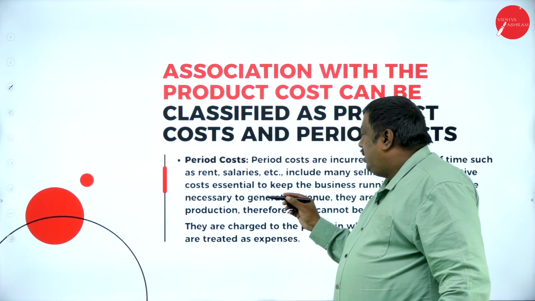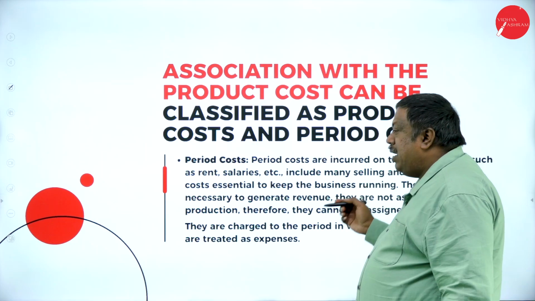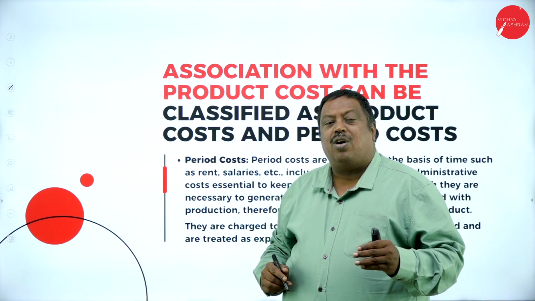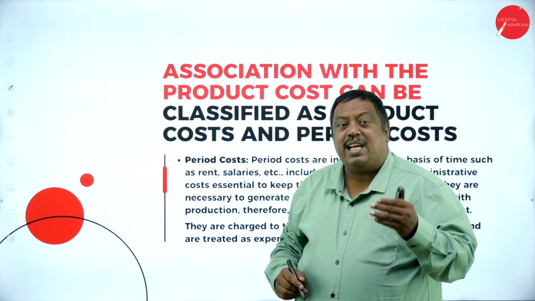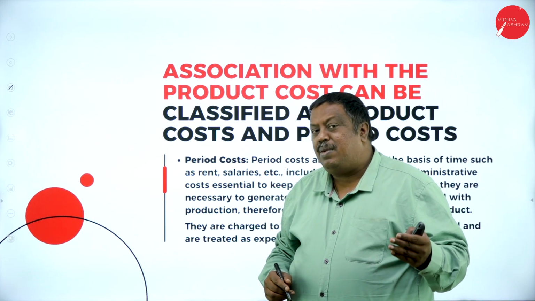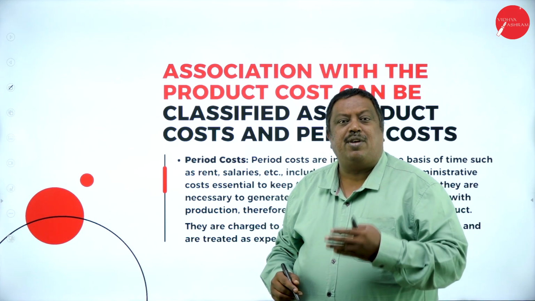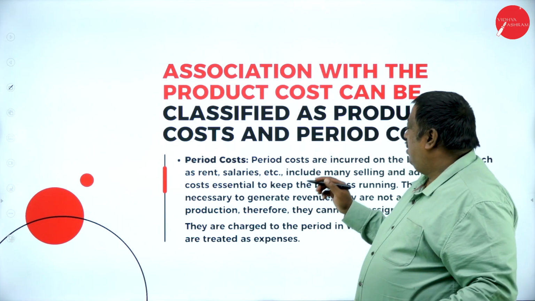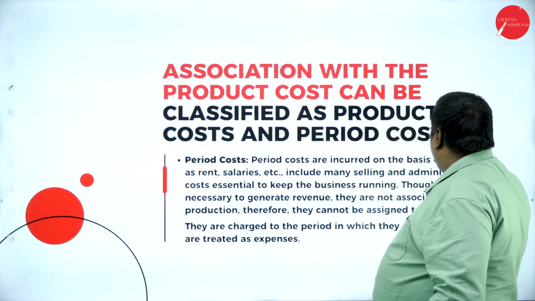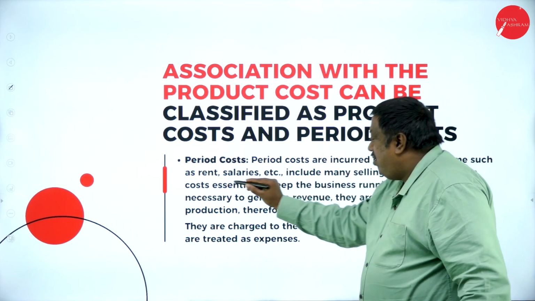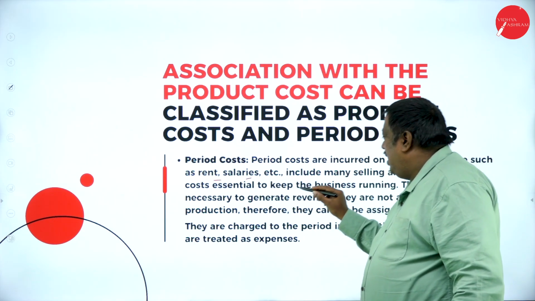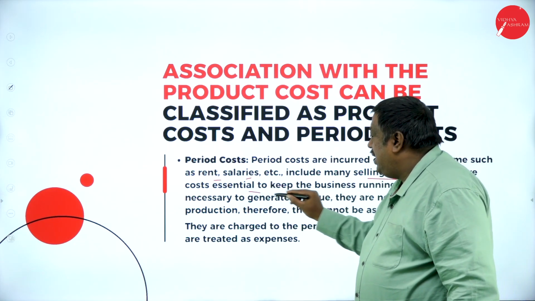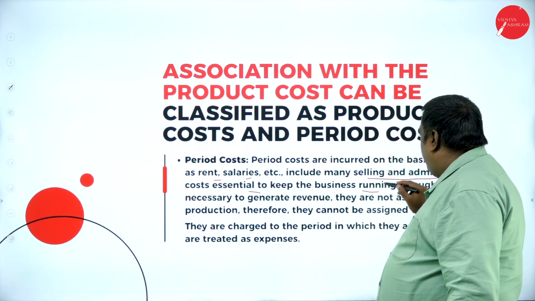What are period costs? Period costs are nothing but expenditure incurred over a number of days continuously, for example payment of rent, payment of salaries. All these are my period costs. See here, period costs are incurred on the basis of time, such as rent and salaries, included in many selling and administrative costs essential to keep the business running.